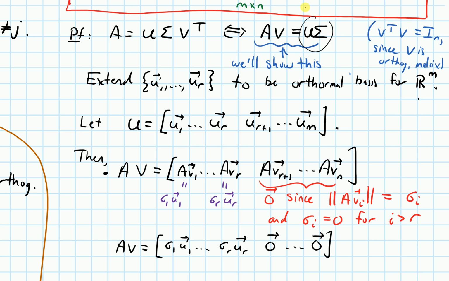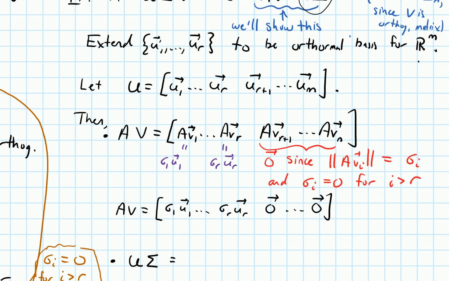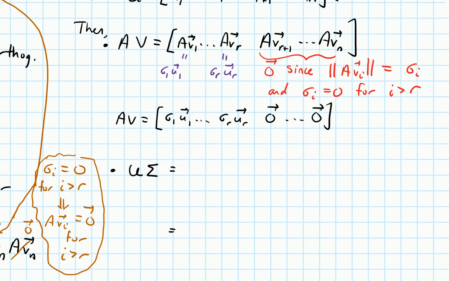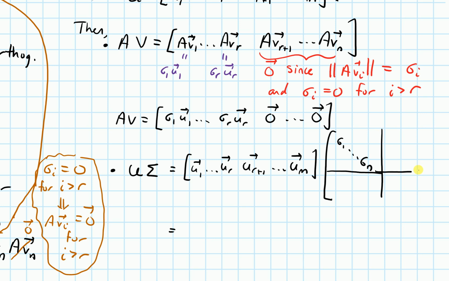Now let's do the other side. Let's do U times sigma. So U has columns U1 up until UR, and then it's got UR plus 1, up until UM. Multiplying sigma, so sigma has the non-zero singular values, sigma 1 up to sigma r, in the first diagonal area. And then it's got a bunch of submatrices that just all have zeros.